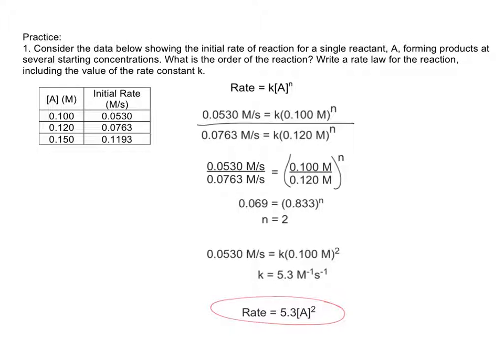That's going to give us units of per second per molar, or seconds to the minus 1, molar to the minus 1. These units will be different if you have a zeroth order reaction or a first order reaction instead of a second order reaction. They'll always be these units if you have a second order.